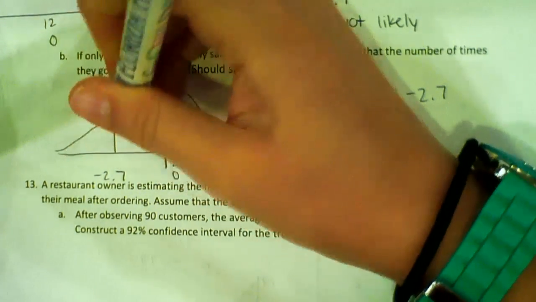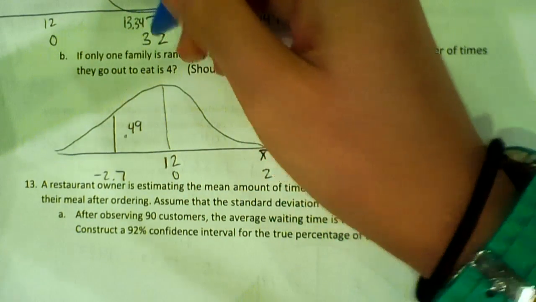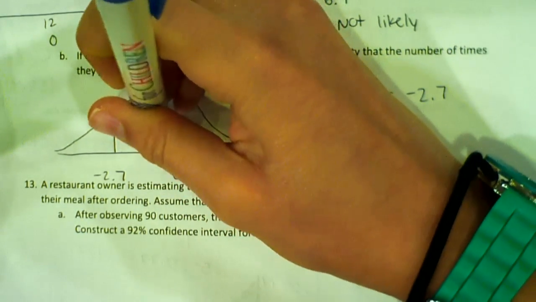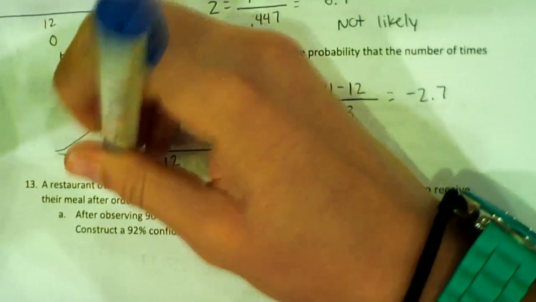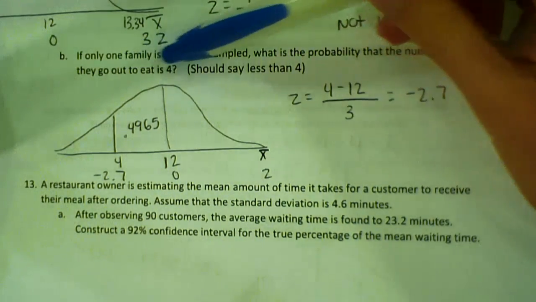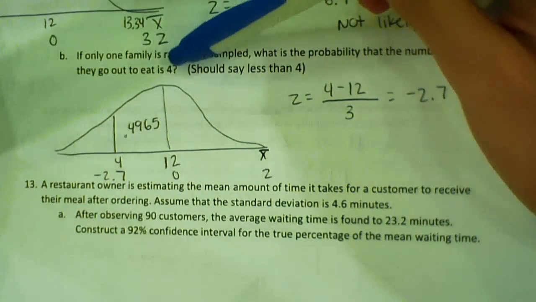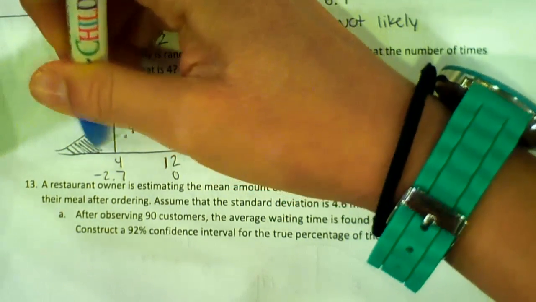So for this area right here, you got 0.49. We want to see the number of times that they go out to eat is less than 4. So we want to find everything that's in here.